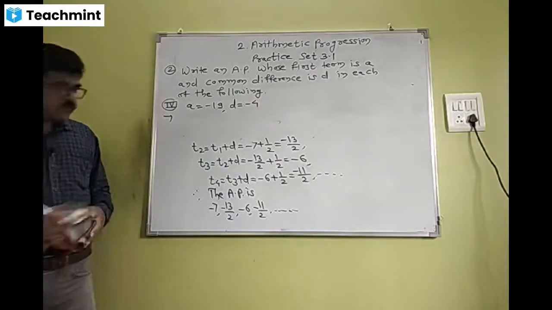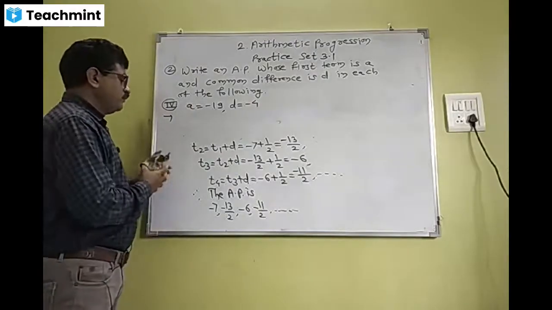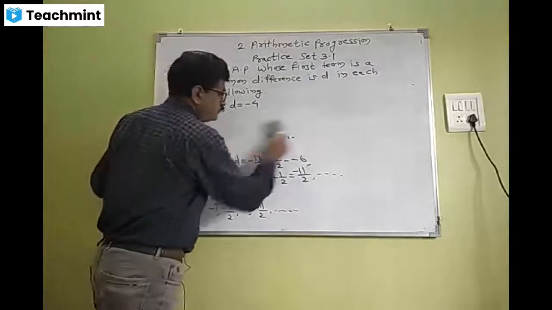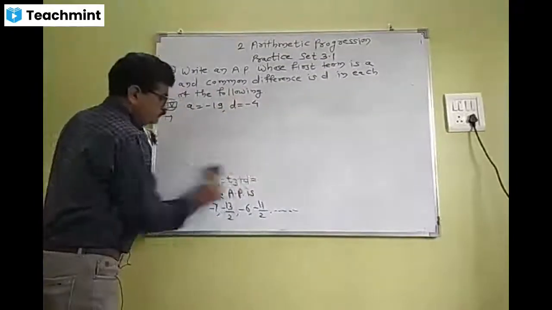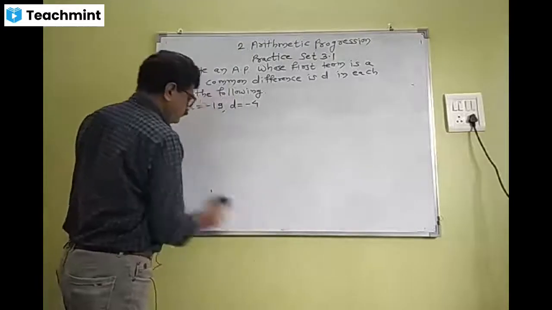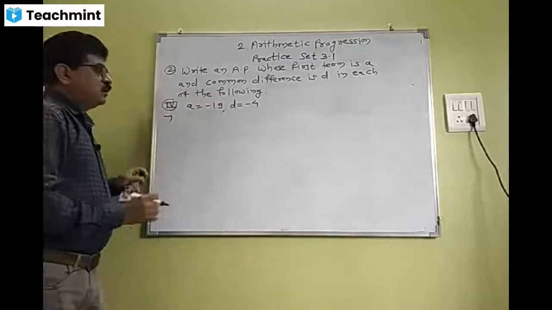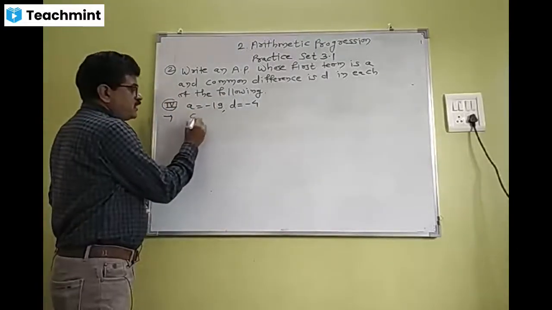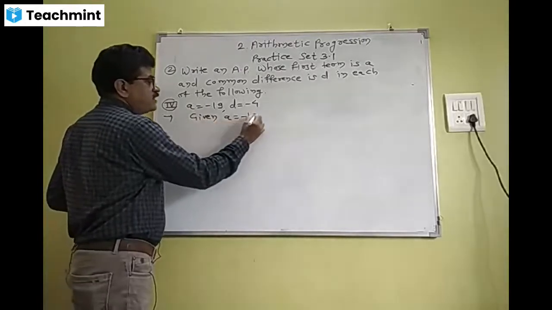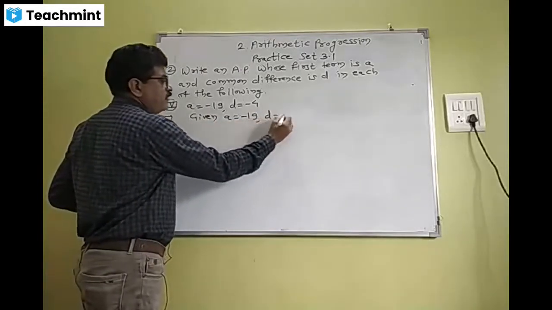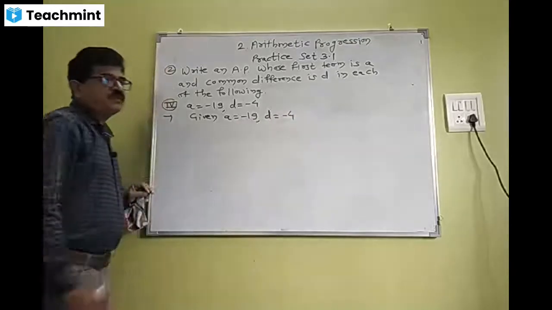D is equal to minus 4. Now, first write down given A is equal to minus 19, D is equal to minus 4.